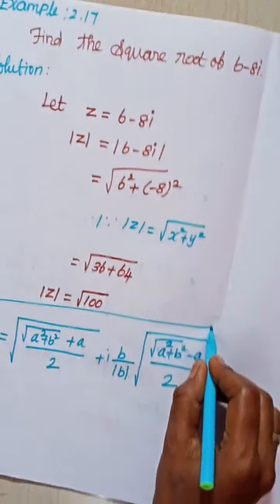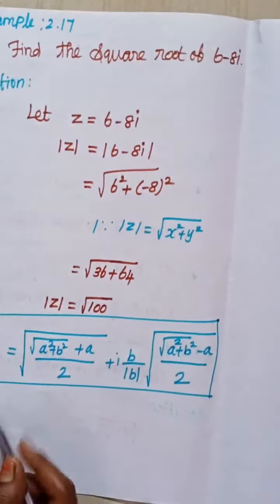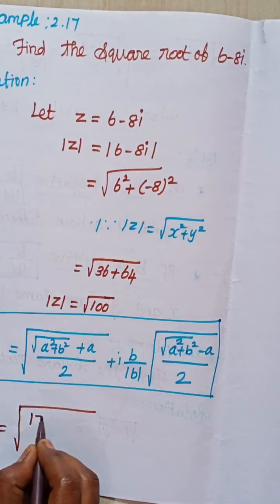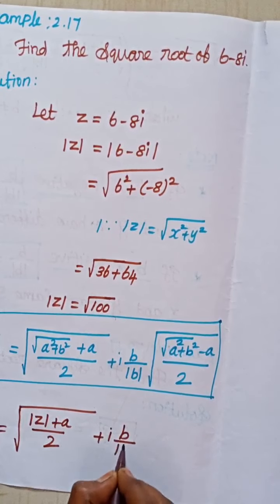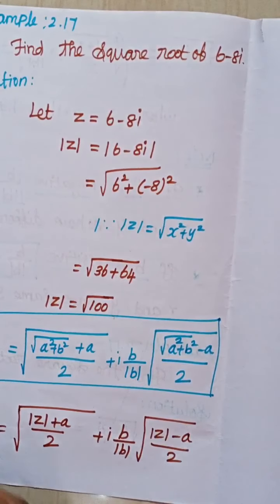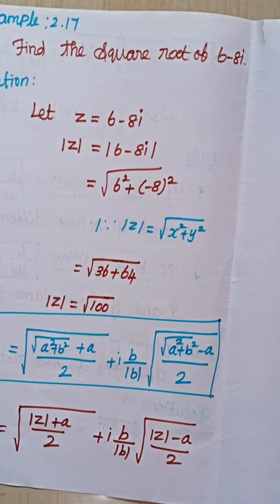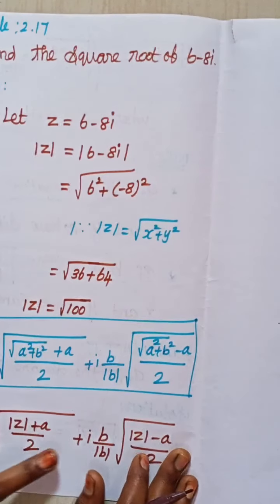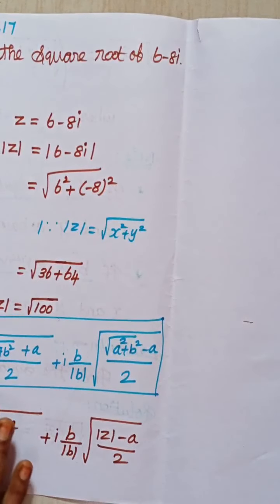This is one type of the formula. The other form is: square root of (modulus z plus a) by 2 plus i into b by modulus b, square root of (modulus z minus a) by 2. Everyone memorize the formula.